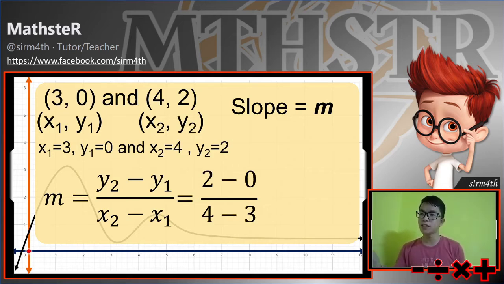Ilalagay lang natin sila doon sa dapat nilang kalagyan. By performing the indicated subtraction, 2 minus 0 is 2, and 4 minus 3 is 1. Therefore, this is 2 over 1. So the slope between the 2 points (3, 0) and (4, 2) is equal to 2.